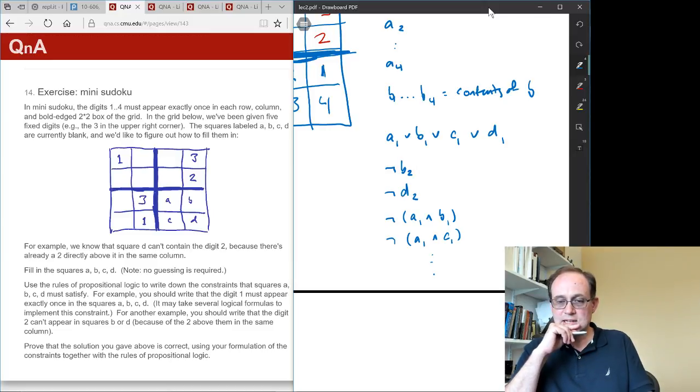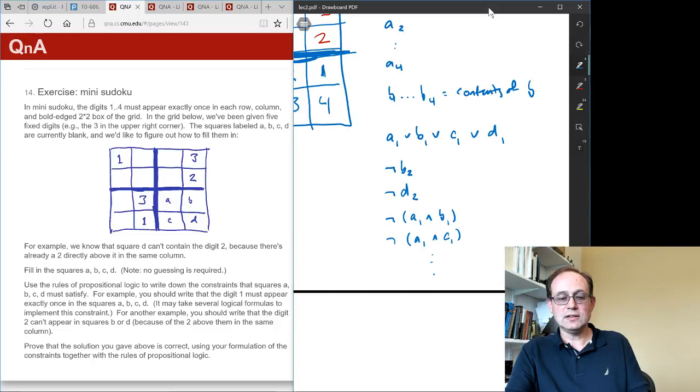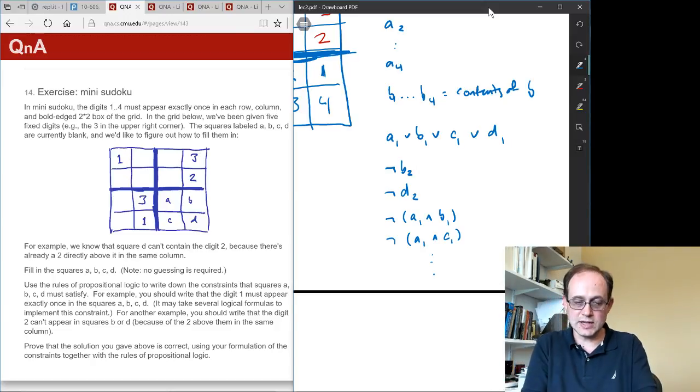All right. So it might be a good idea to continue on your own writing out what these logical formulas are, and to use that as practice for proofs. For example, when I've written it out like this, the resolution inference rule is going to be particularly useful, right? So I can know, for example, that there's a 3 in at least one of these squares.